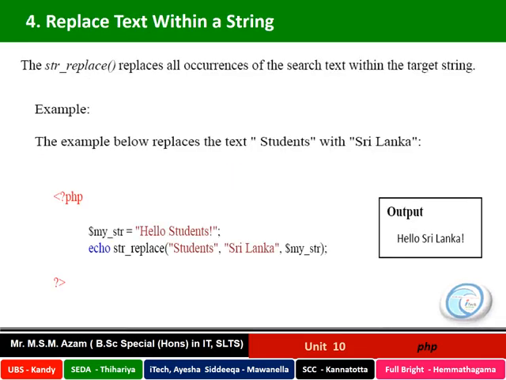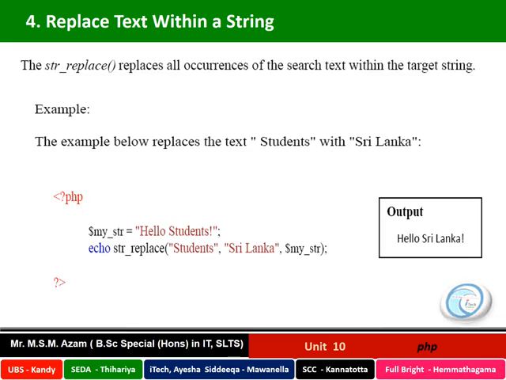Fourth one is replace text within a string. The string replace, or simply str_replace function, replaces all occurrences of the search text within the target string. For an example, I have to replace the text students with Sri Lanka.